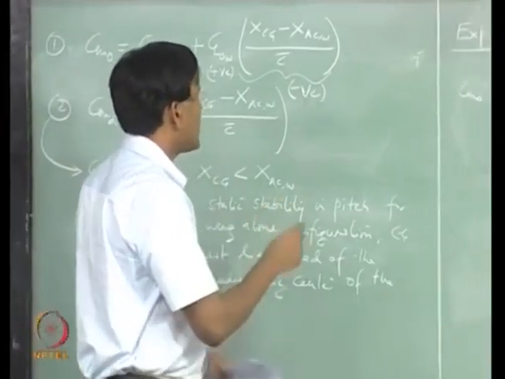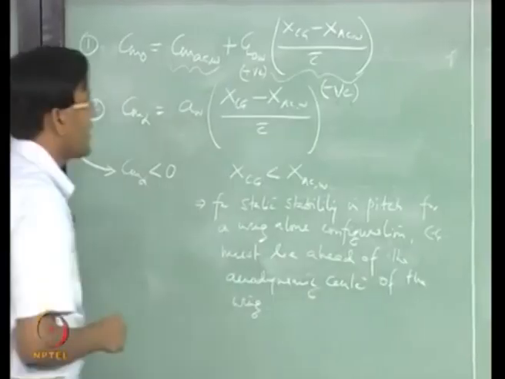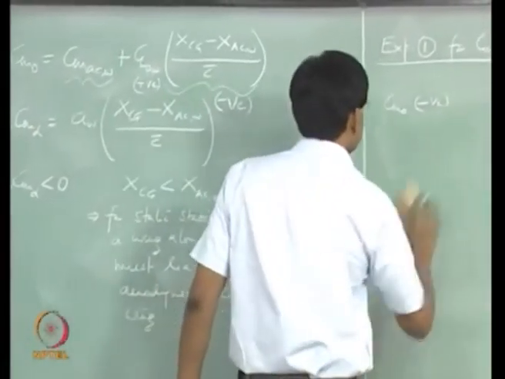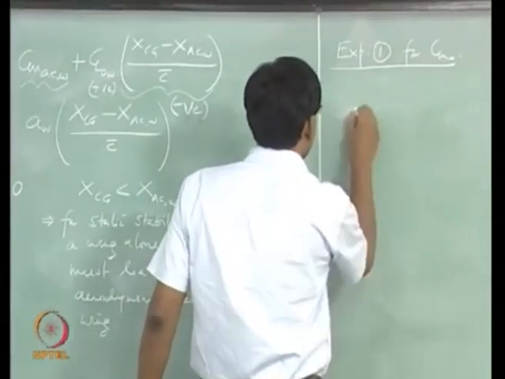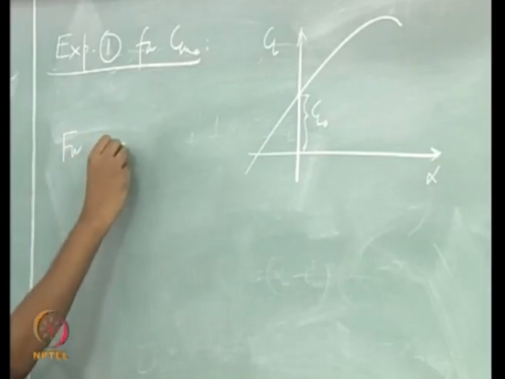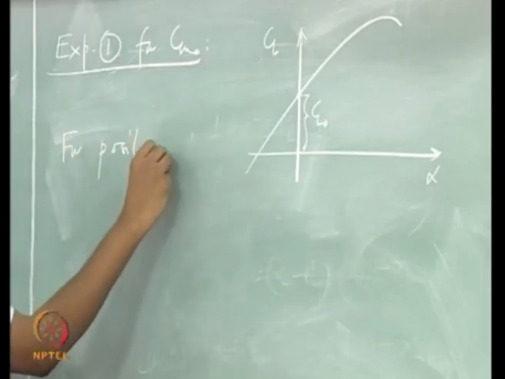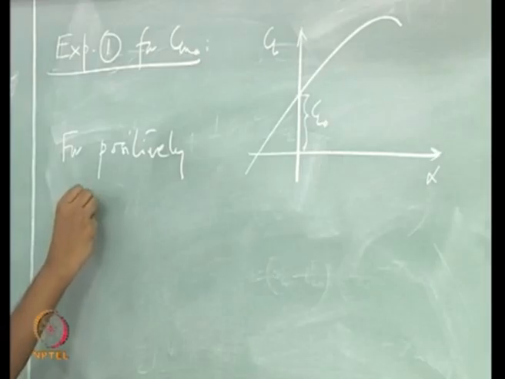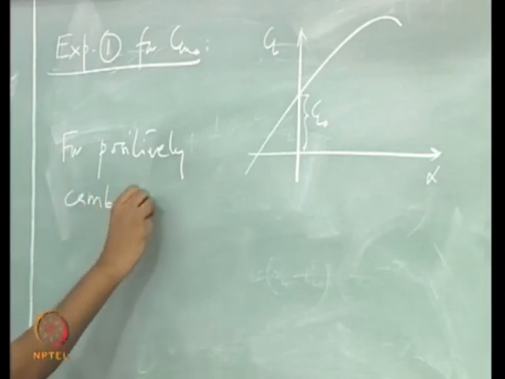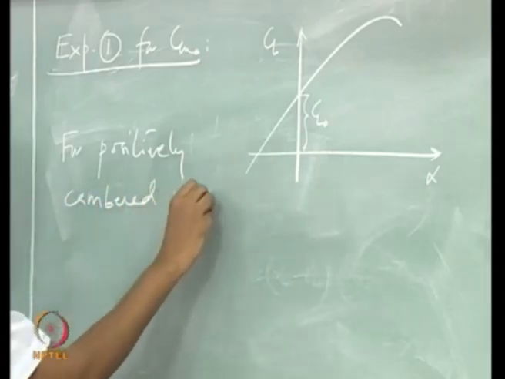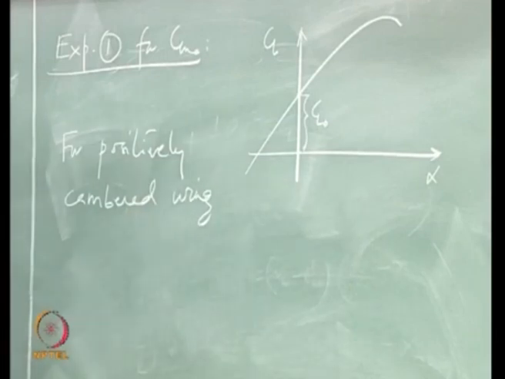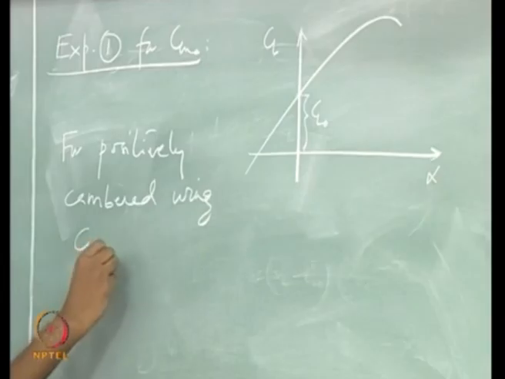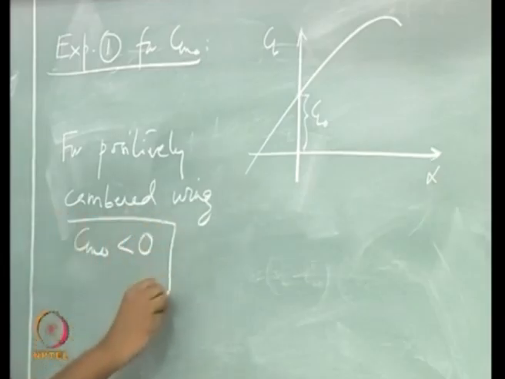So, I can say from here that for positively cambered wing, Cm naught is negative.